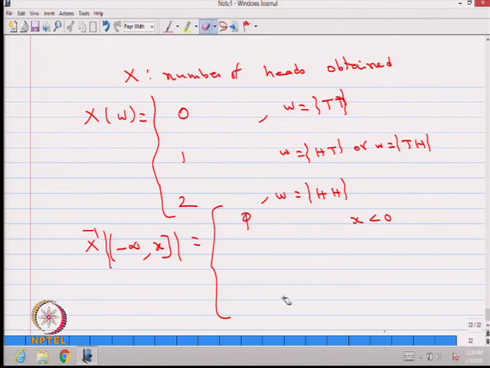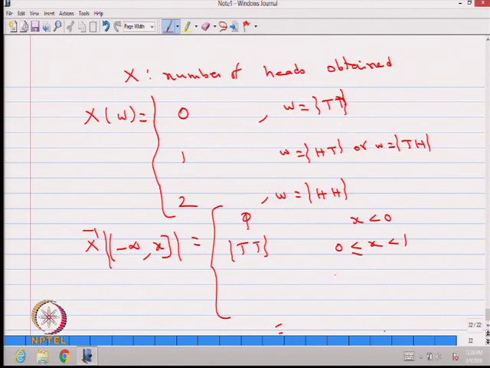When x takes a value from 0 to 1 excluding 1, the X inverse of minus infinity to x becomes TT.